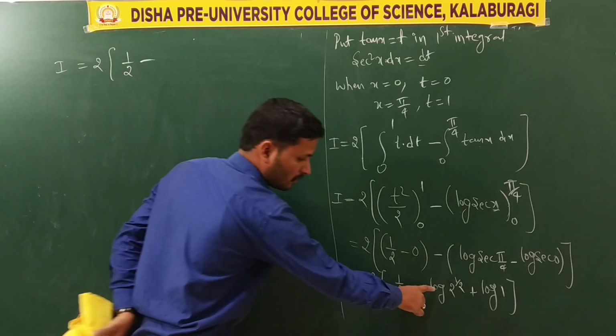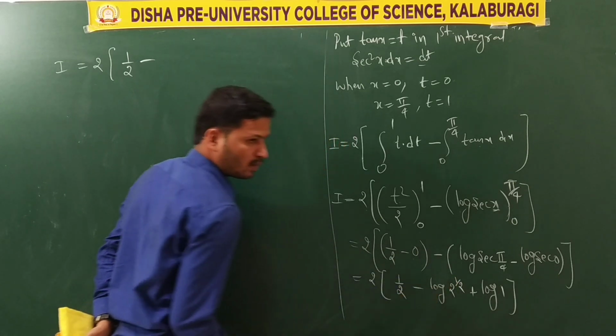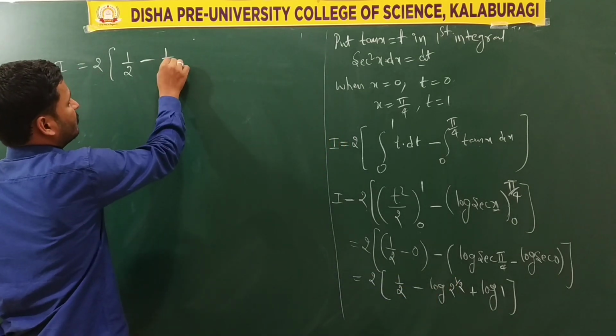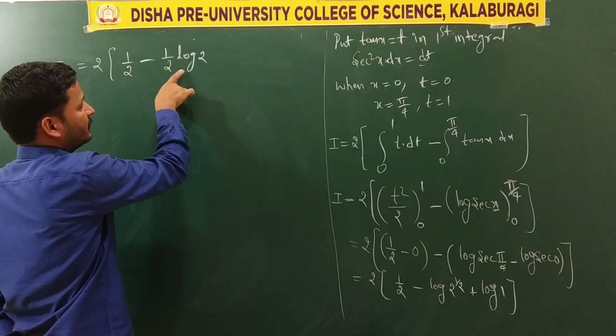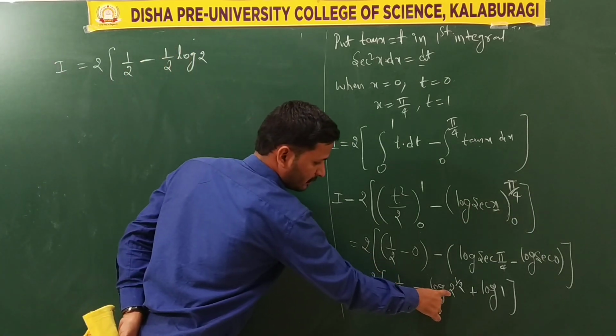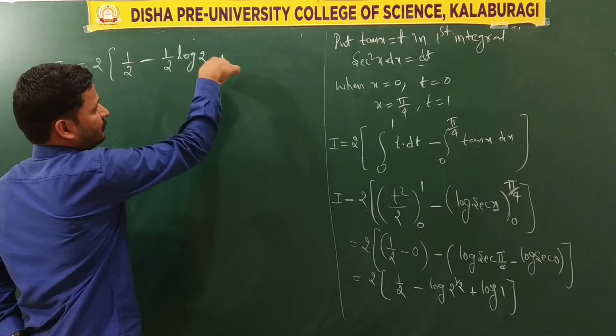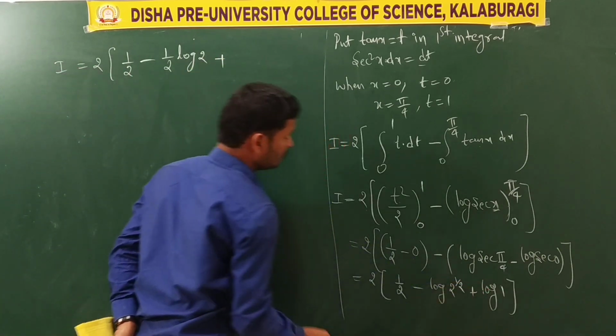By the logarithmic property, log of 2 to the power 1/2 can be written as 1/2 into log 2, because n into log m is log of m raised to n, plus log 1 value is 0.